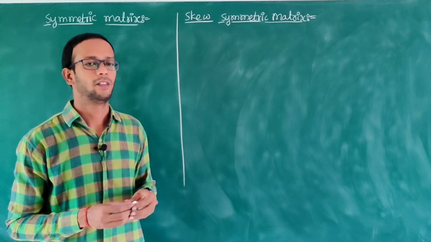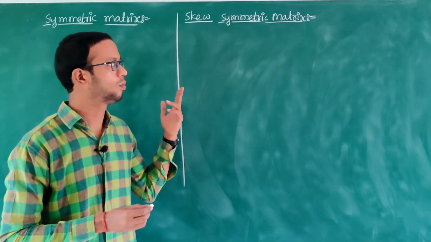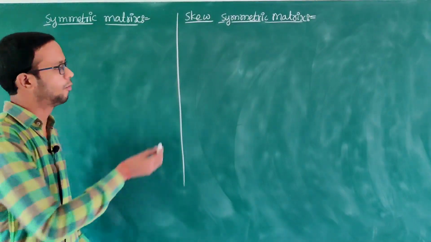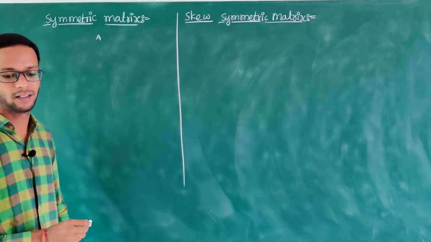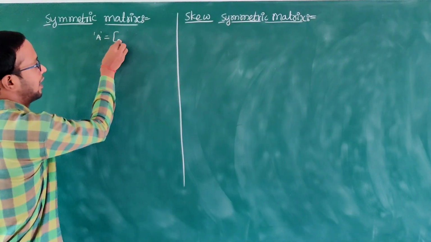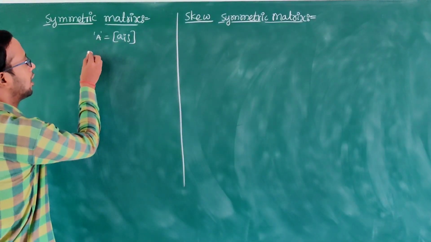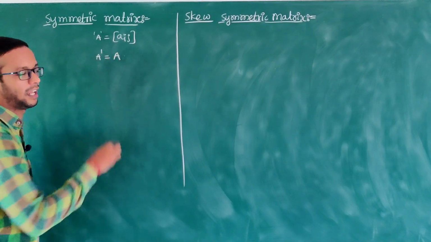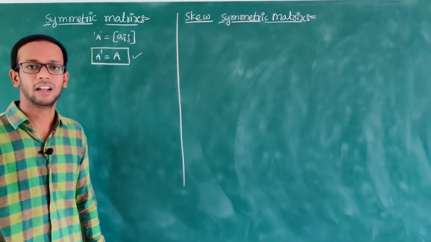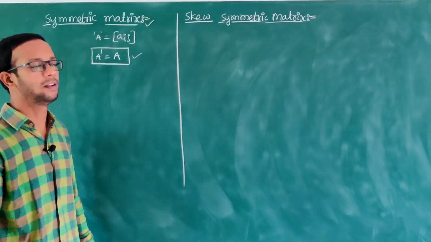Next concept is symmetric matrix and skew symmetric matrices. These two depend upon the transpose only. So, symmetric matrix: if A is a square matrix, that I am taking as Aij, and A' is equal to A, this condition satisfied means that matrix A is called a symmetric matrix.